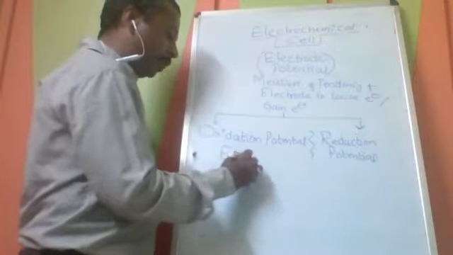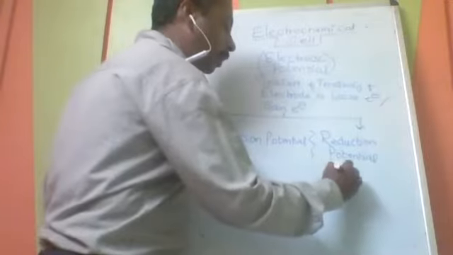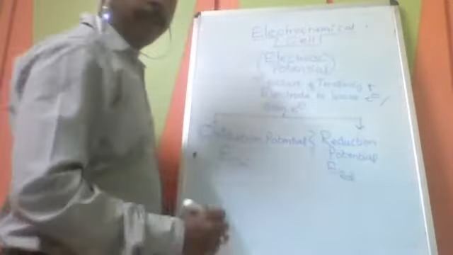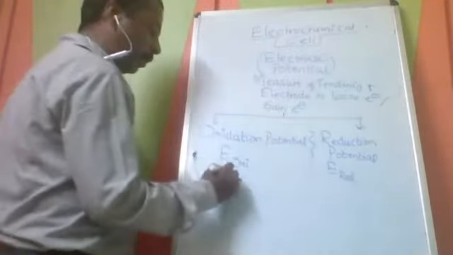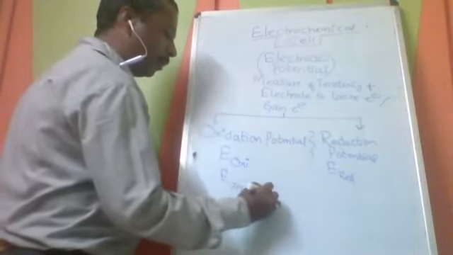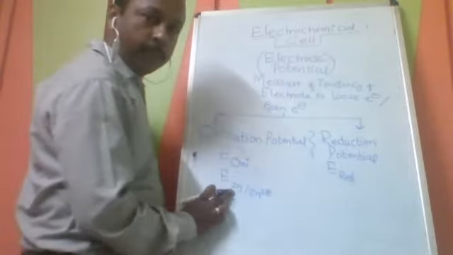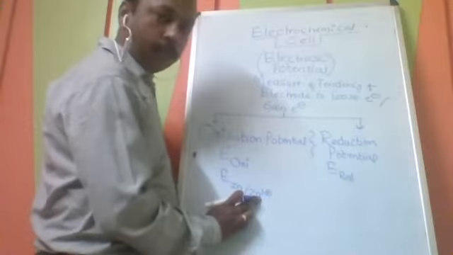Sometimes we clearly mention E oxidation, and here we will write E reduction. Sometimes we can write it as Zn oblique Zn2 positive. What does it show? Before reaction it is Zn, after reaction it is Zn2 positive.